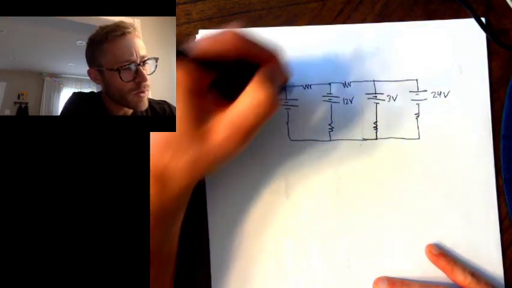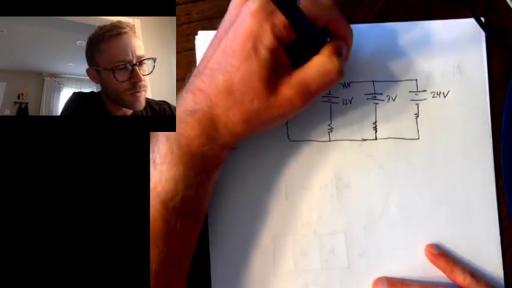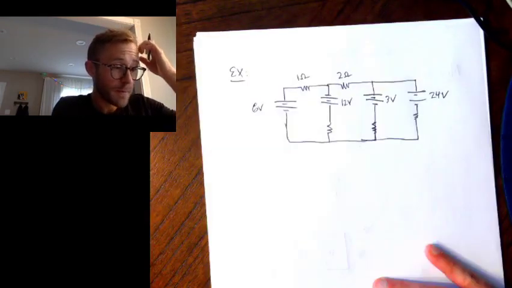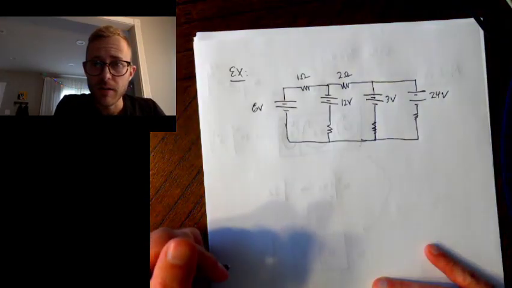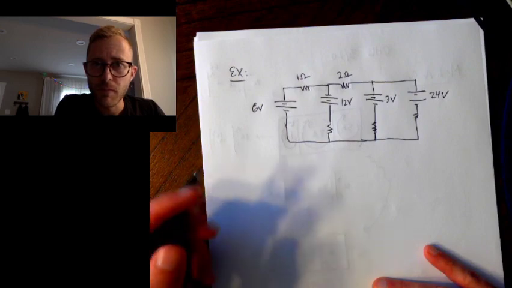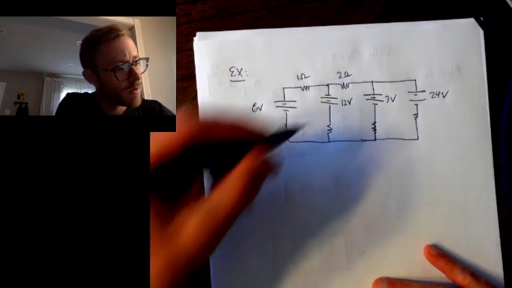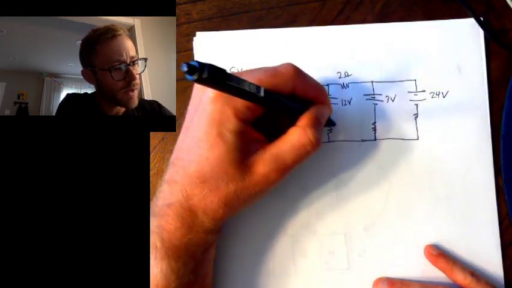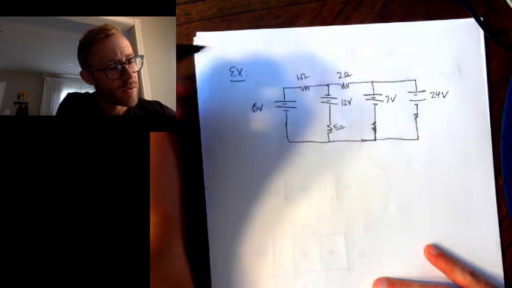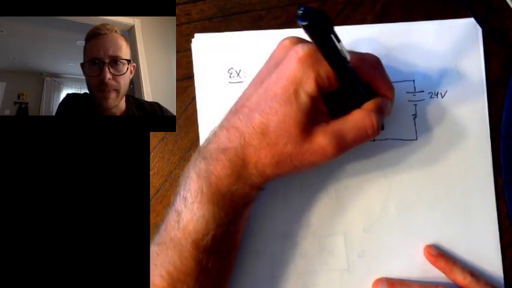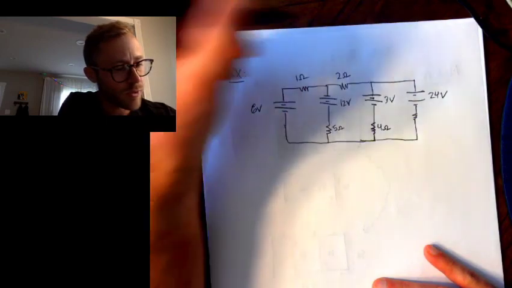We've got 1 ohm, 2 ohms, 3 ohms, 5 ohms, 4 ohms, and 6 ohms.